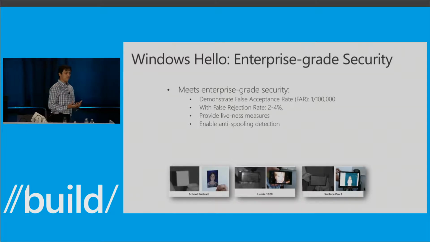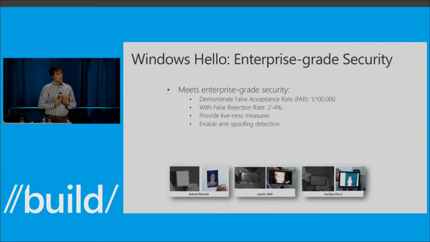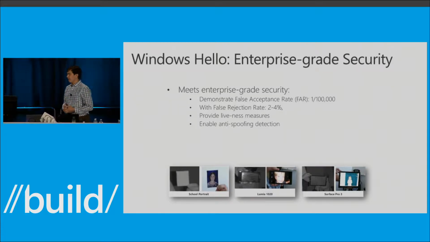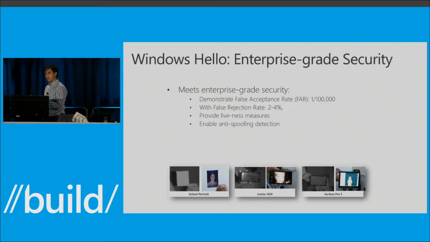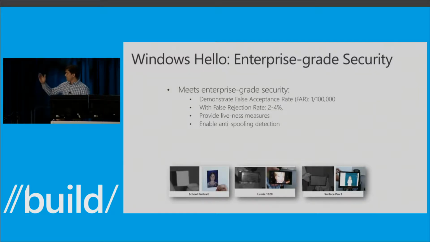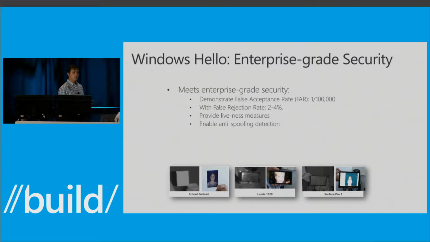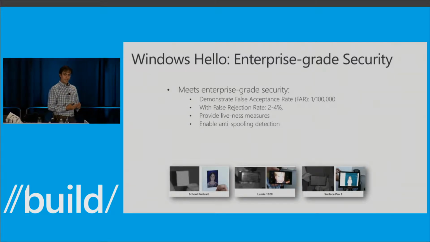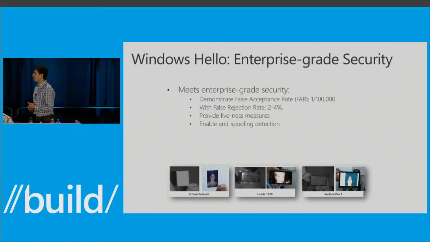This is the likelihood of me being the actual legit owner of the device and being able to authenticate and unlock my own device. So obviously, we want to make sure that the likelihood of that not happening is very low, and that's what this rate is about. So we have demonstrated that with the 1 over 100,000 false acceptance rate, the false rejection rate is between 2 to 4%. So the likelihood of me being able to finish my authentication experience is actually very high.